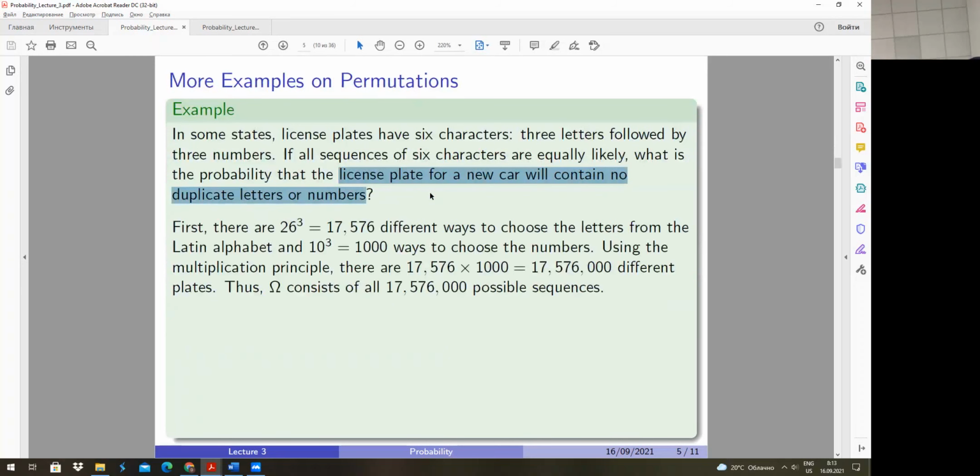I think it's P(26,3). Yes, that's correct. For letters, it's correct. And for numbers, it's going to be permutations of 3 out of 10, right? For numbers, I think it's P(10,3). True.